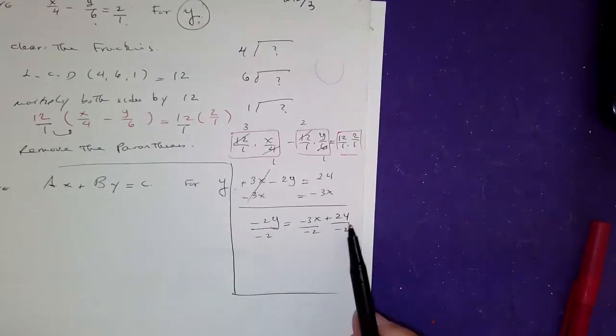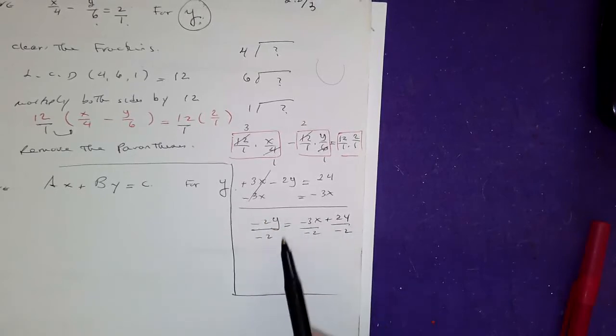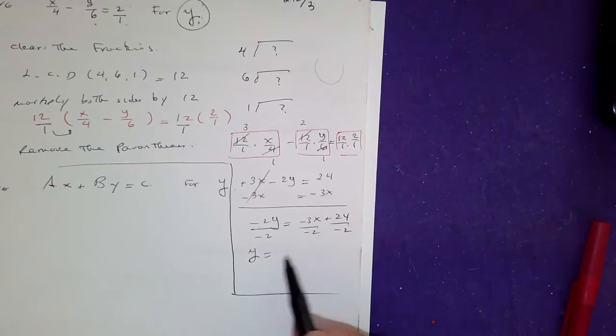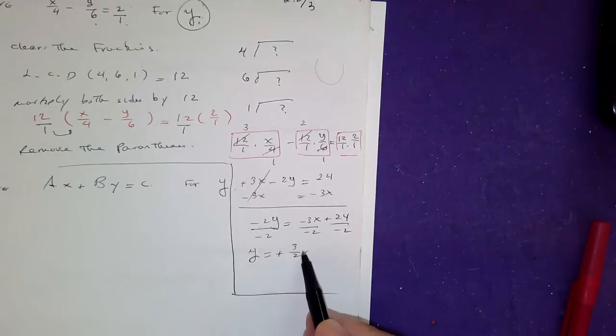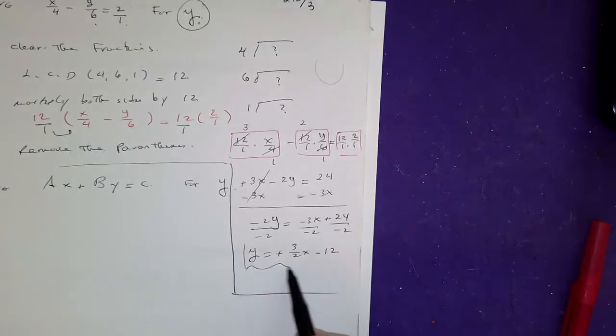All the way from left to right, all the way across, divide every single term on both sides by this guy, negative 2, which is called the numerical coefficient. So y equals, negative over negative is positive, 3/2 of x, positive over negative is negative, and 2 goes into 24 12 times.